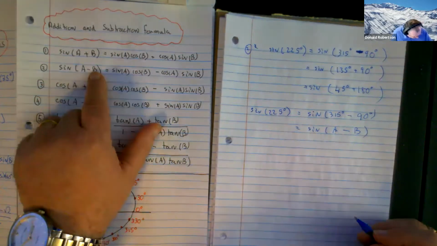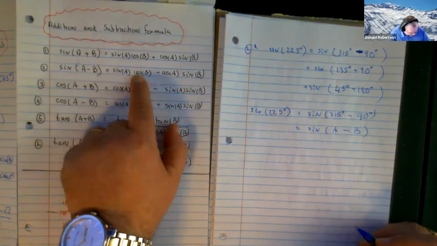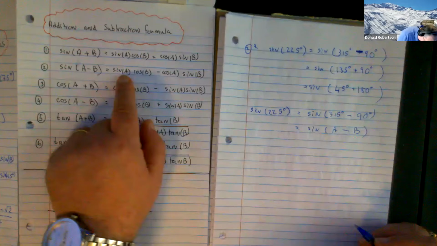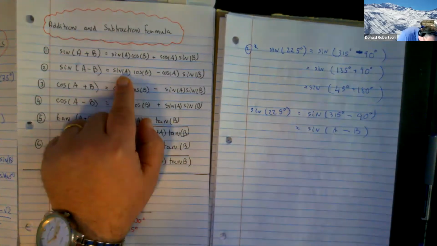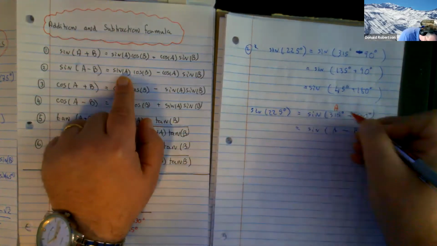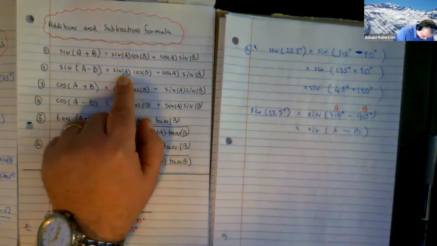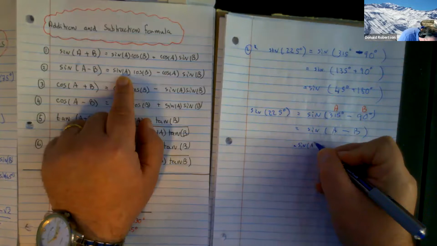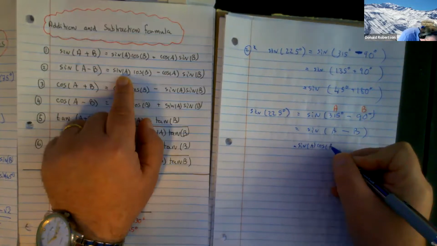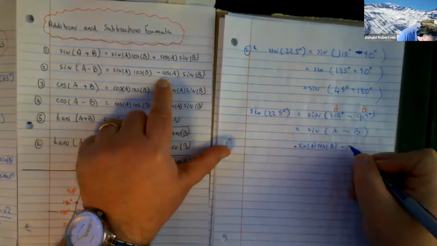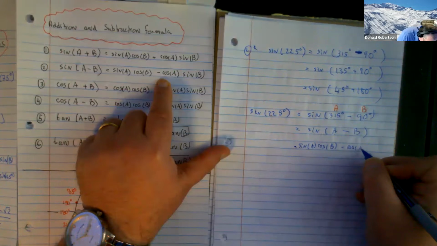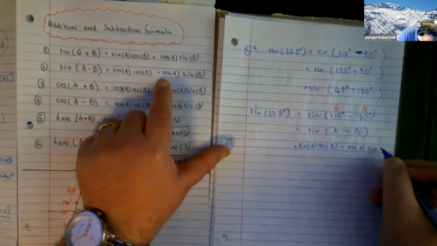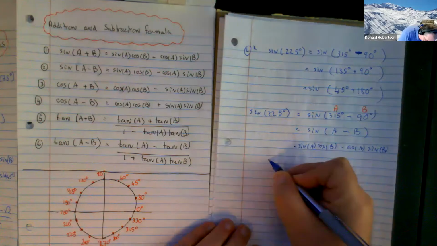So the sine of A take away B has two guys take away two other guys. And in this particular one, A is going to be this fella, B is going to be that one. So it's going to be the sine of A cosine of B, take away cosine of A sine of B, and then we'll put in all the numbers for them.